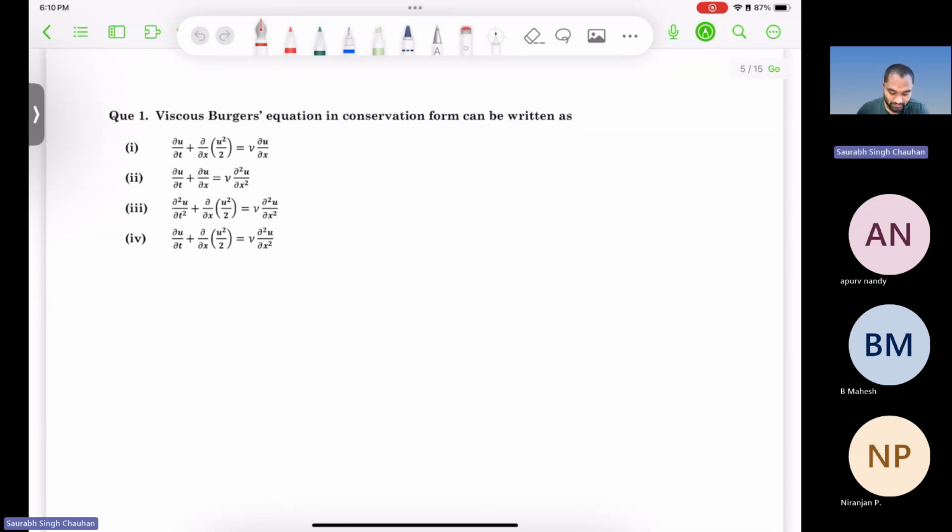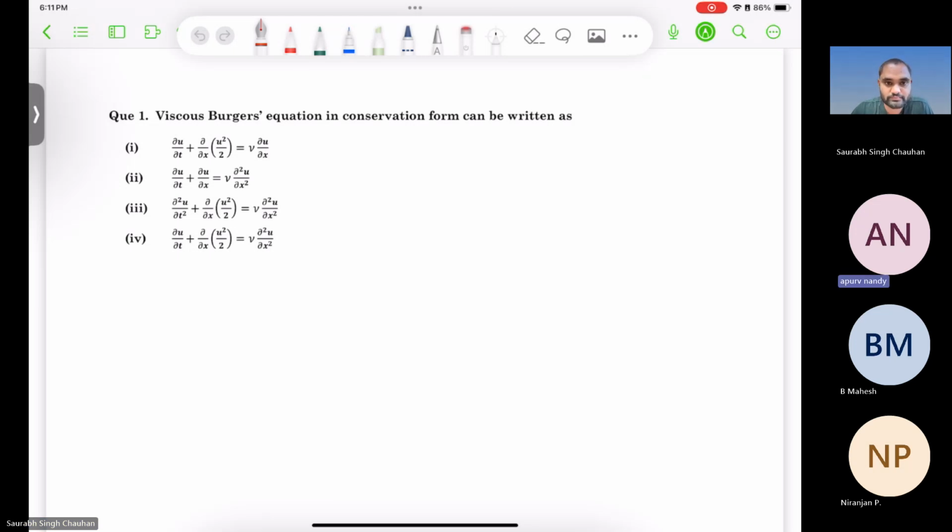So starting with question number 1. Question number 1 says the viscous Burgers equation in conservative form can be written as. So what are these Burgers equations?